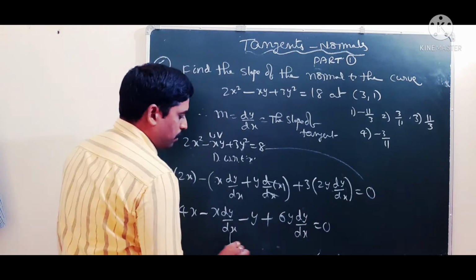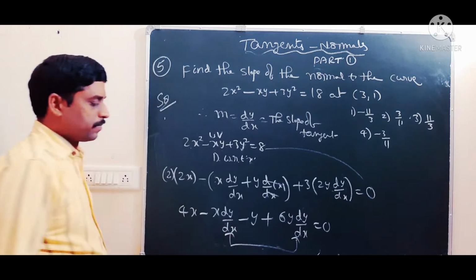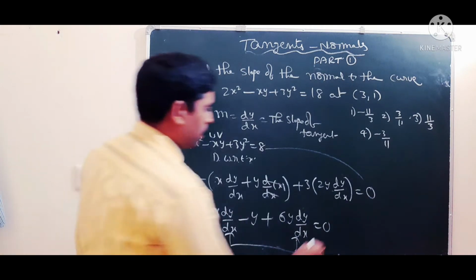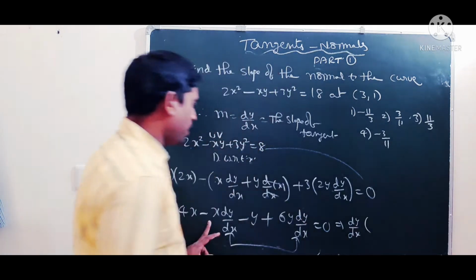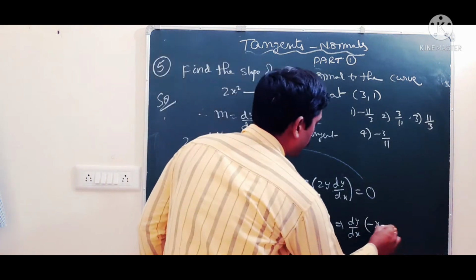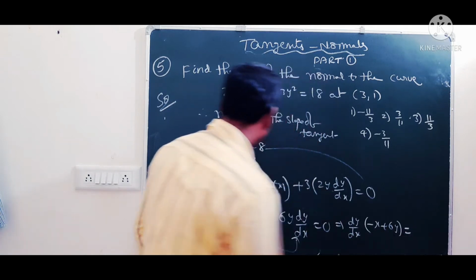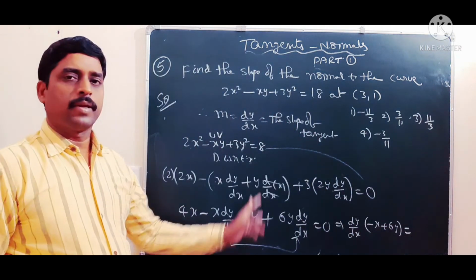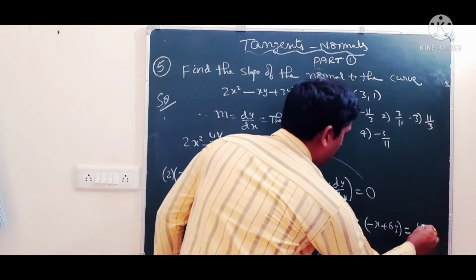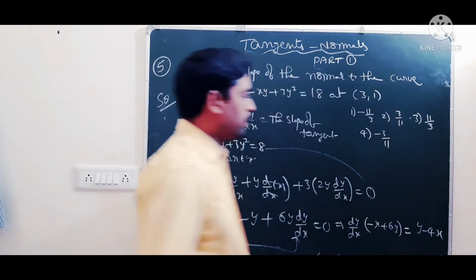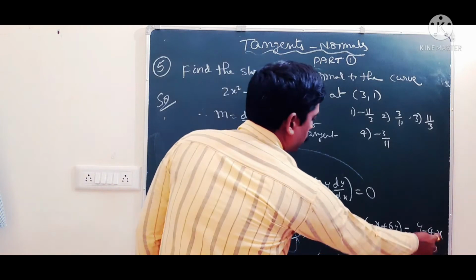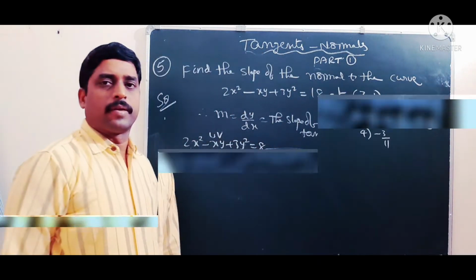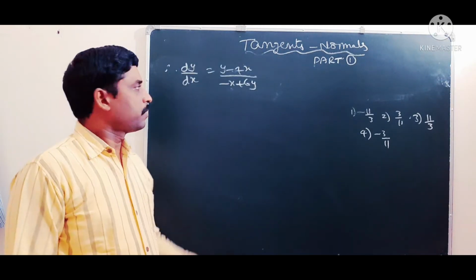In this, take dy/dx common. So dy/dx times (−x + 6y) is equal to y − 4x, bringing it to the right side. Therefore dy/dx is equal to (y − 4x)/(−x + 6y).